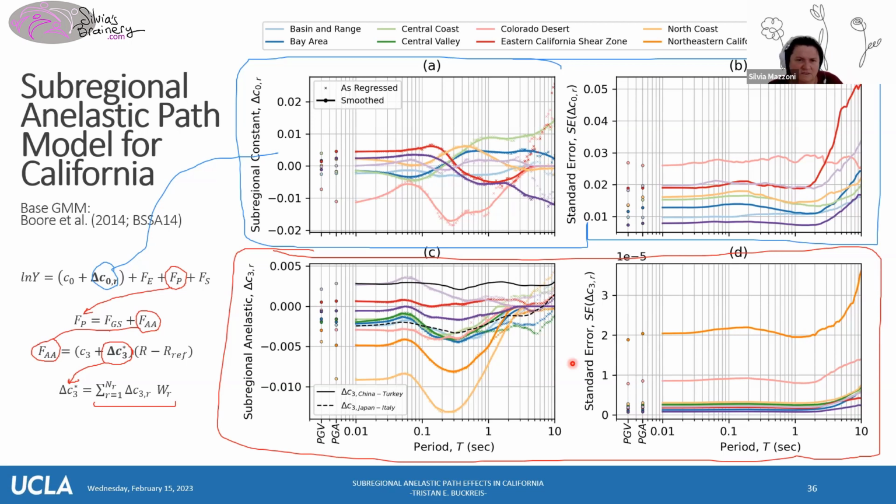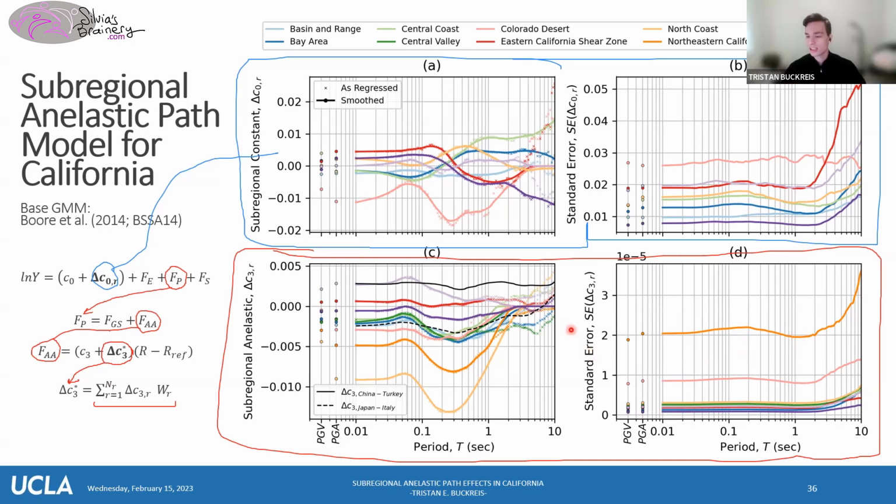Because you were saying, why does Northern California have more error, and the Colorado Desert? So these have more error because we have less data.